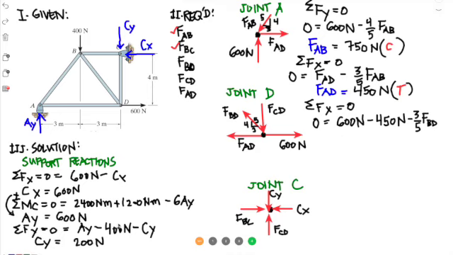So we can solve for FBD by transposing it to the other side and multiplying what remains by 5/3. So we have here FBD is equal to, that's 600 minus 450, that's 150 times 5 divided by 3. 150 times 5 divided by 3, that gives us 250.